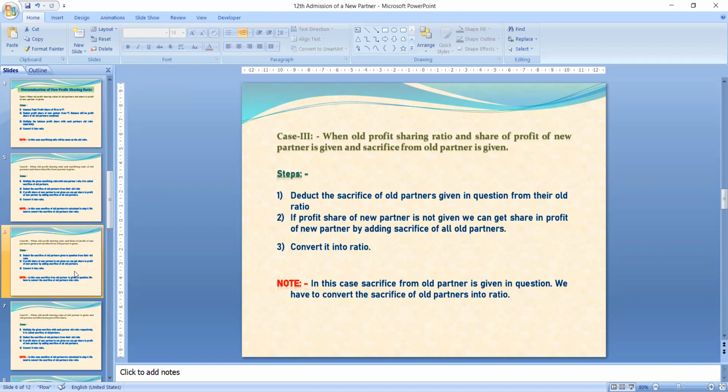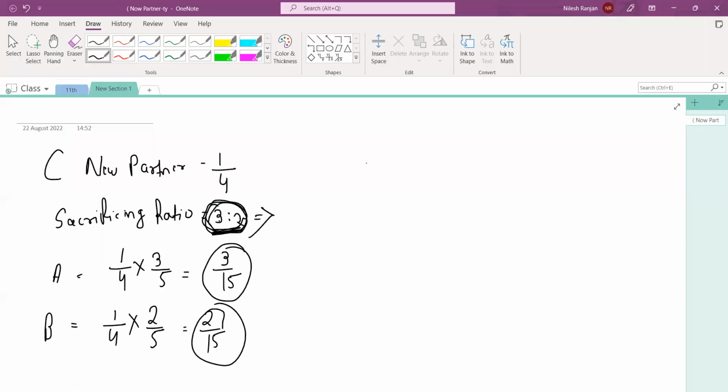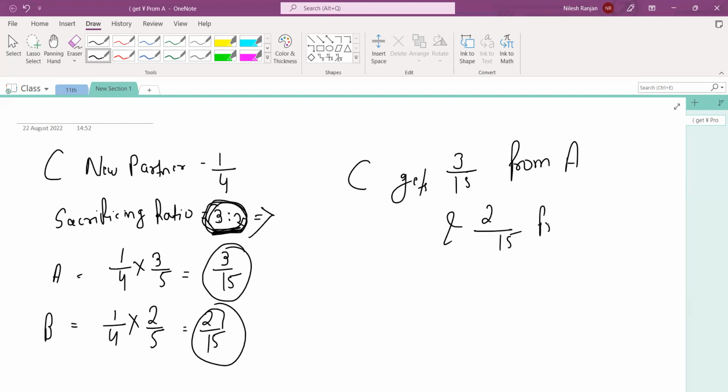So in this case, the sacrifice is given like this: C gets 3/15 from A and 2/15 from B. Okay.